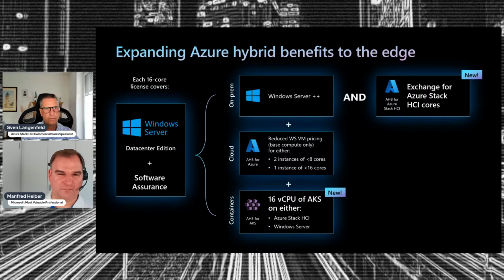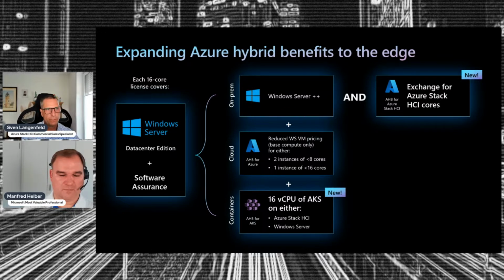Or there's another benefit coming with Azure Hybrid benefits that you can use additional VMs in Azure Stack HCI, and you can run Windows Server in these VMs, but you do not have to pay for Windows Server in these VMs, as you can use the Azure Hybrid benefit, let's say dual usage with the Data Center license. So if you have 16 cores Software Assurance, for example, you can use 16 cores VMs in Azure Stack HCI with Windows Server without paying for Windows Server. So this brings you a huge benefit.